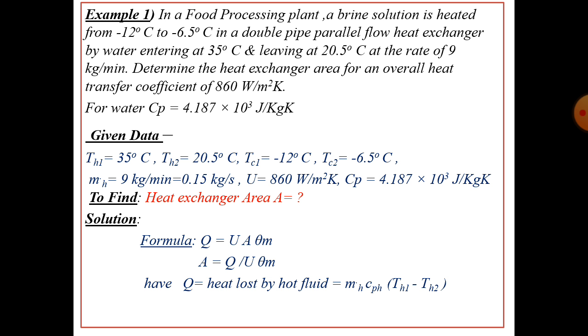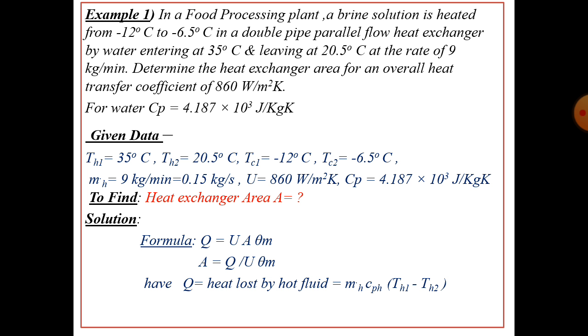Now slowly we'll read the example once again and we'll note down the given data. It is given that in a food processing plant, a brine solution is heated from minus 12 degrees Celsius to minus 6.5 degrees Celsius.